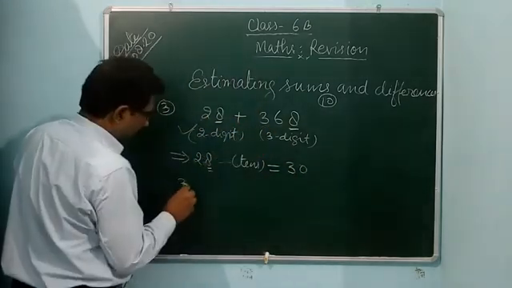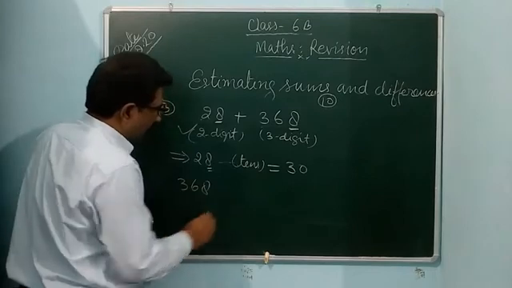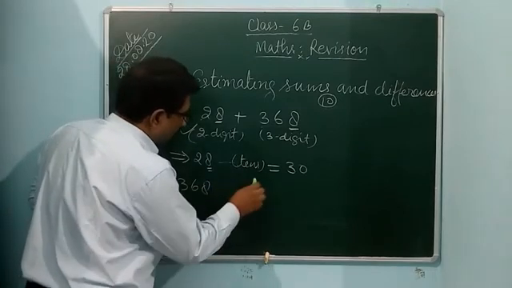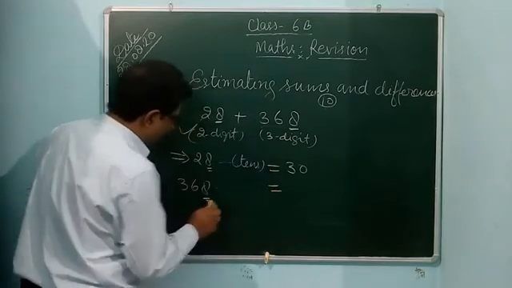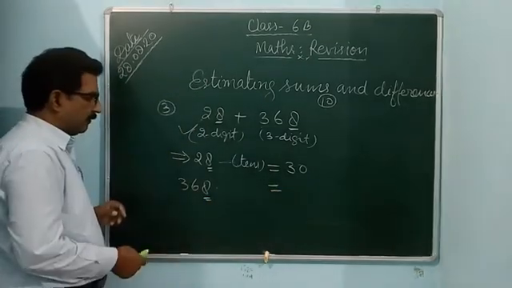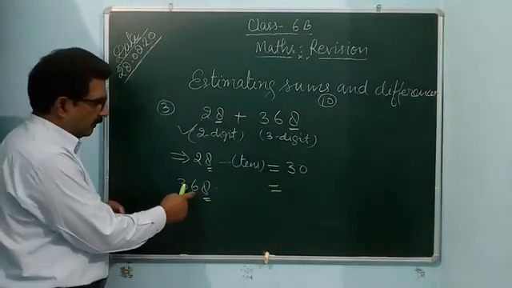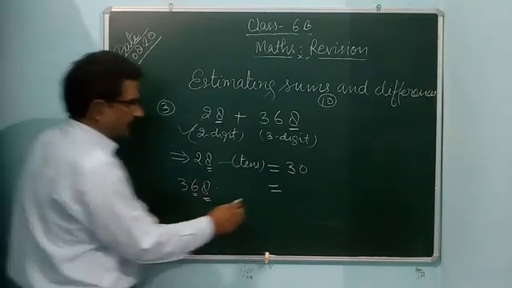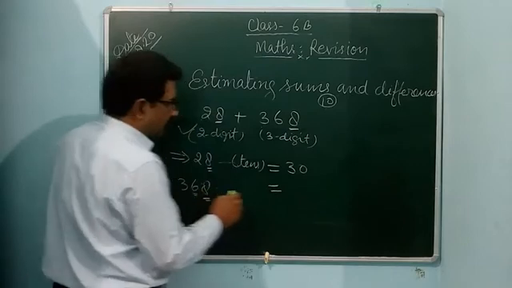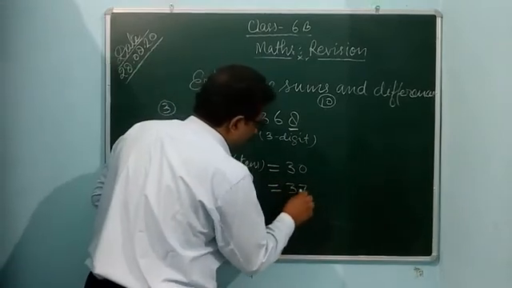And 368, it is also taking round of tens. It will complete 10. So it will be 68, and 6 will be 7. So 370. So 368 taking round of tens is 370.